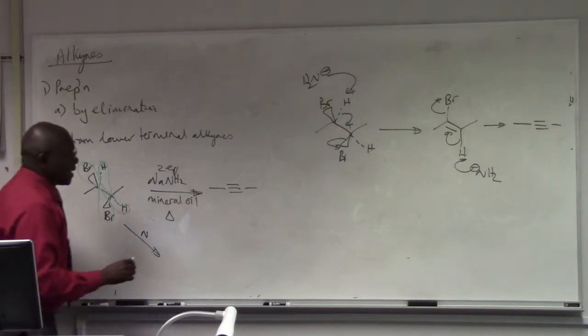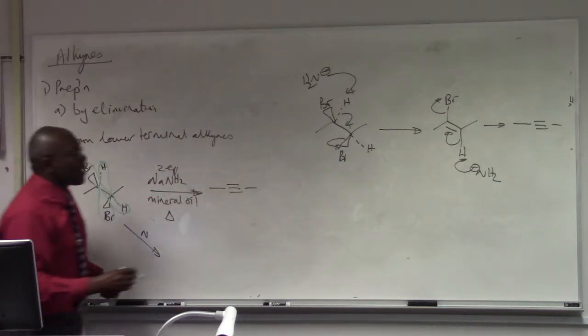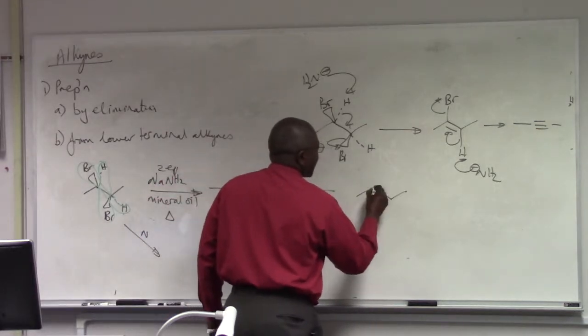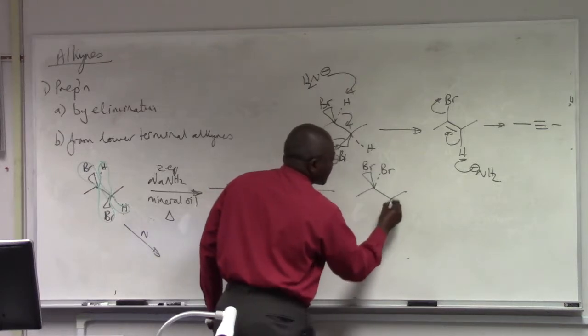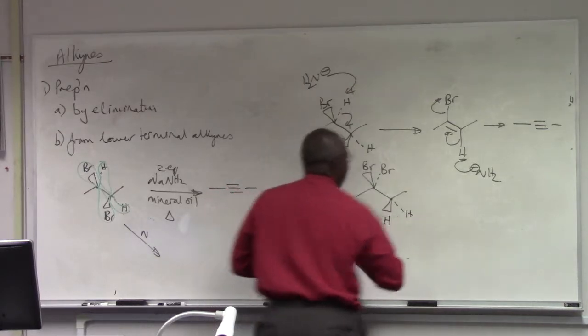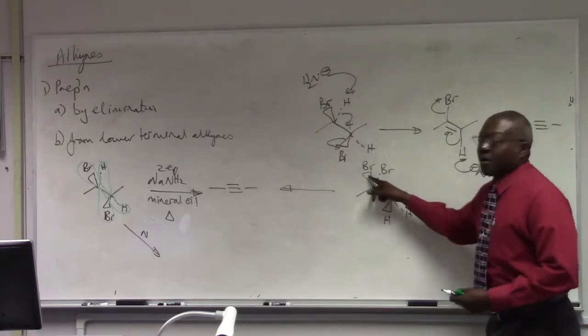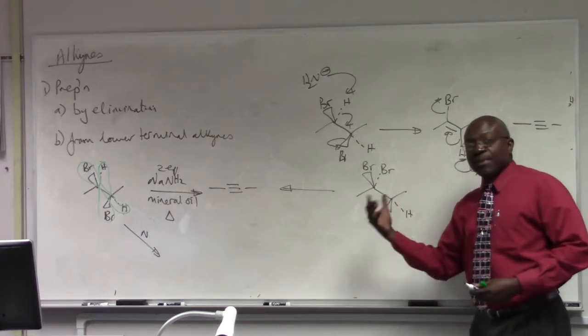It turns out it doesn't have to be from the Vic dihalide. I could do the reaction from the gem dihalide. And as you can imagine, this would work quite nicely because I eliminate HBr, then HBr. So whether it's with the Vic or the gem doesn't really matter.